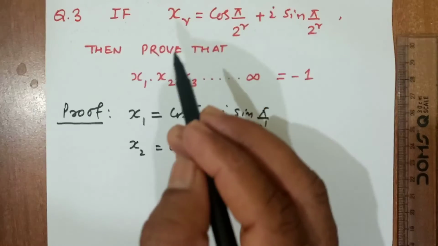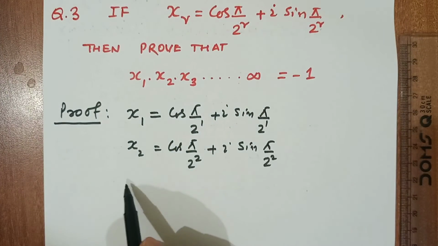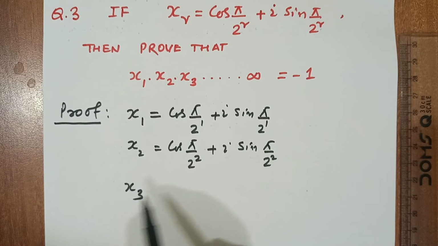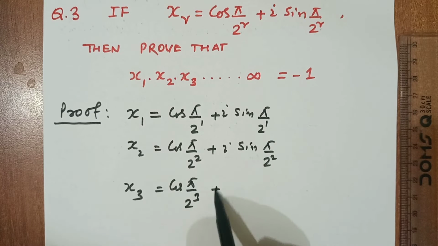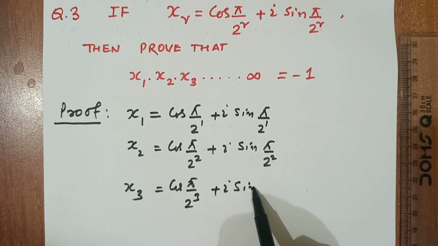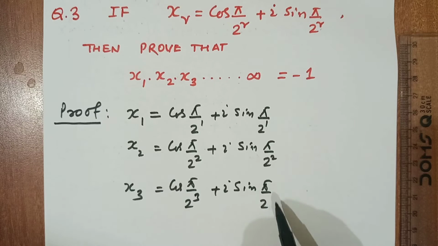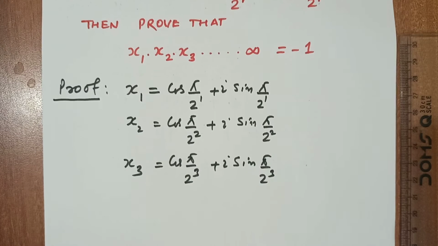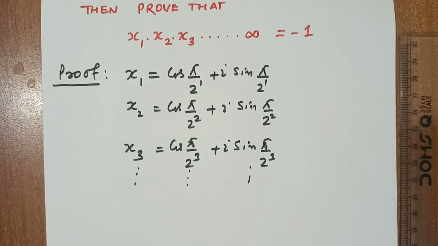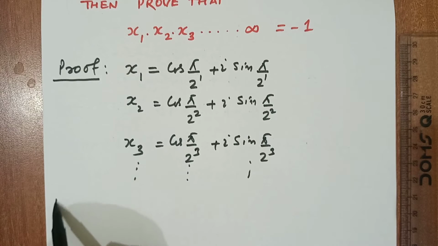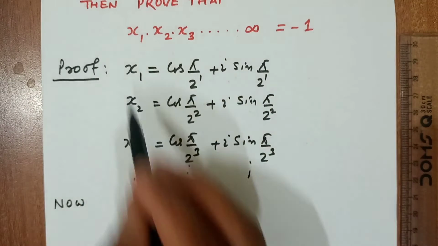Similarly, x3 is equal to cos(pi upon 2 to the power 3) plus i sin(pi upon 2 to the power 3). Similarly we can write the other terms. Now we need the multiplication of each term.